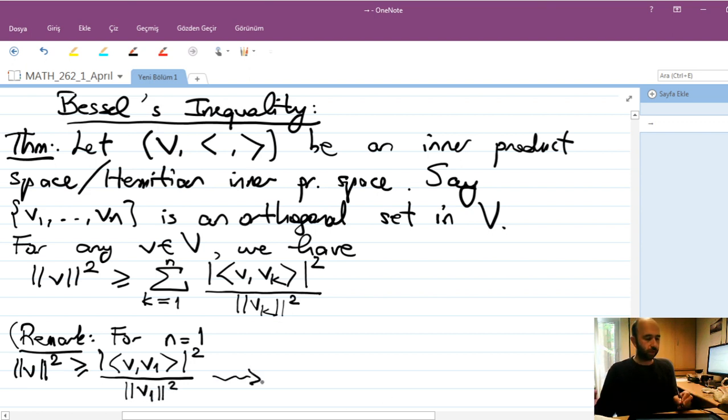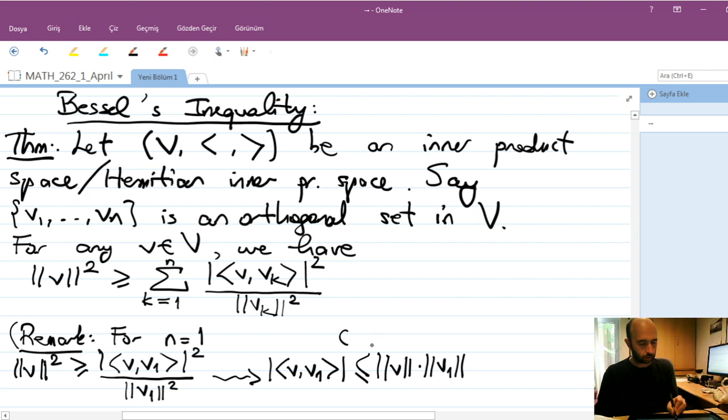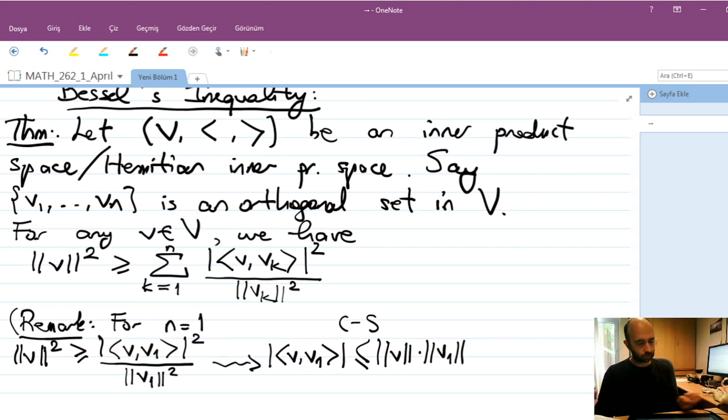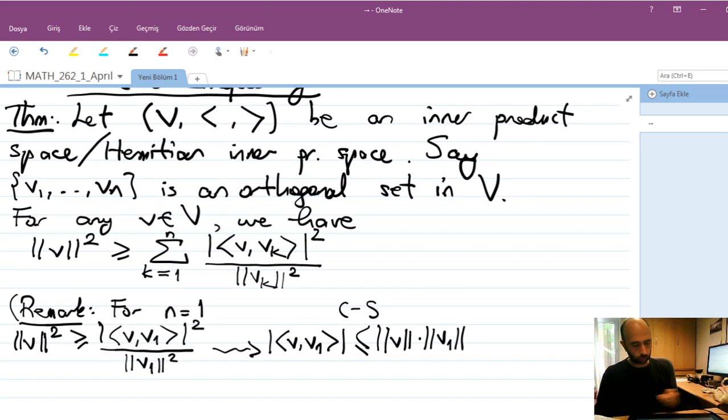So if you unwind this, it just tells you that the inner product of v and v1 is less than or equal to the norm of v times the norm of v1. This is just Cauchy-Schwarz. So Bessel's inequality generalizes the Cauchy-Schwarz inequality.